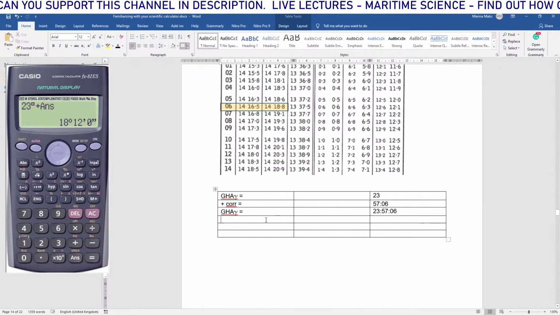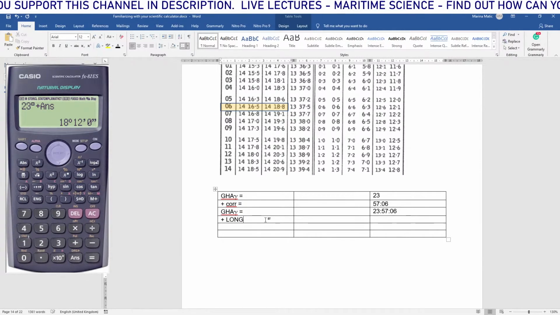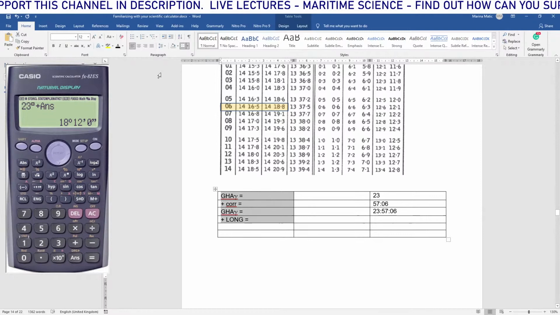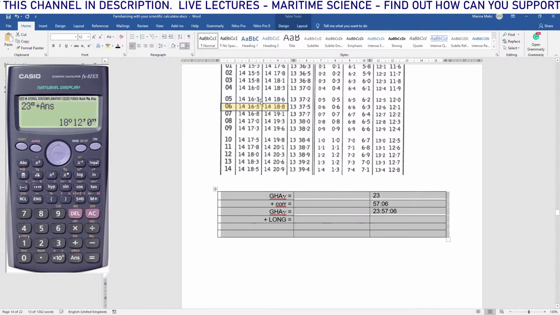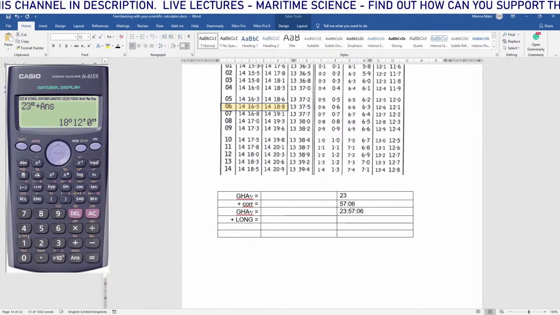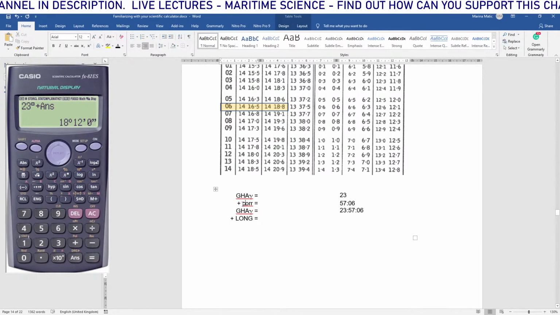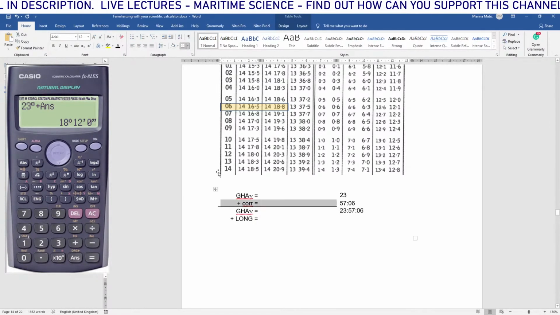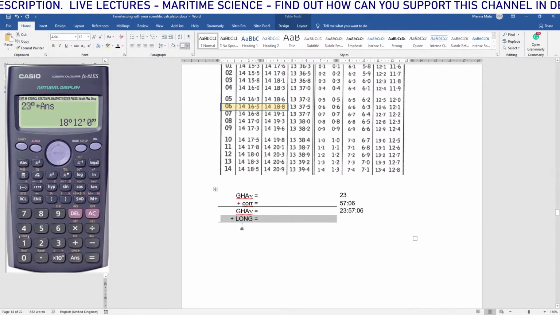Then we have longitude. Our longitude is, let's do this, let's select everything, let's shrink this here, and let's make no border, so this one is first, this one is second.